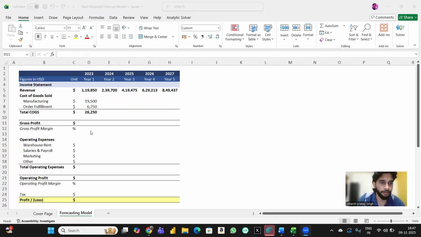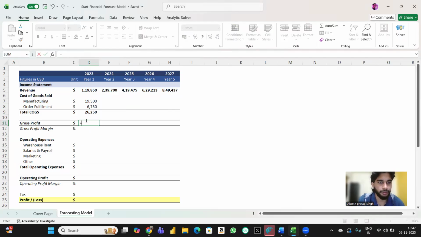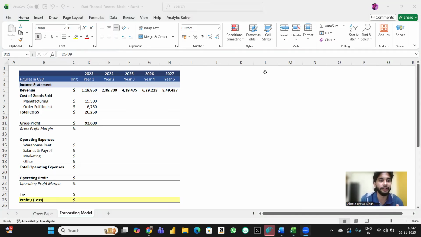And the gross profit would be a very simple one: equals revenue minus the total cost of goods sold. The gross profit is the revenue for that particular period minus the total cost which we incurred during manufacturing and order fulfillment.